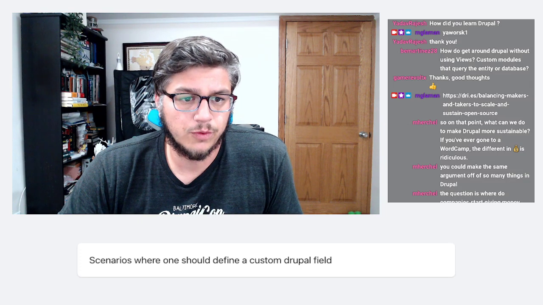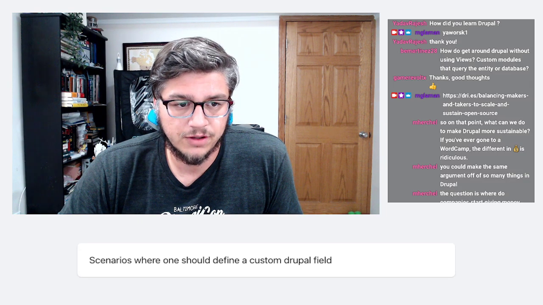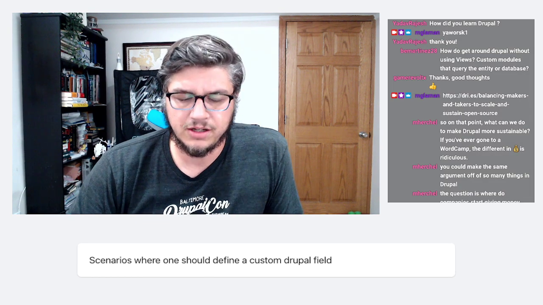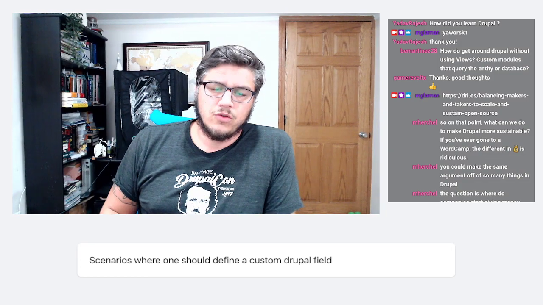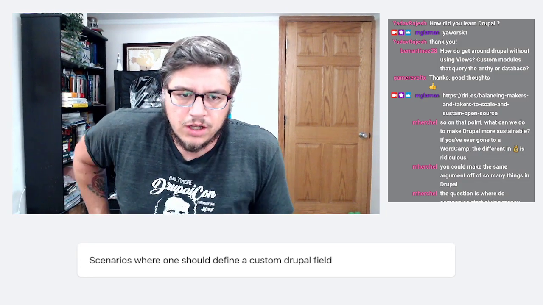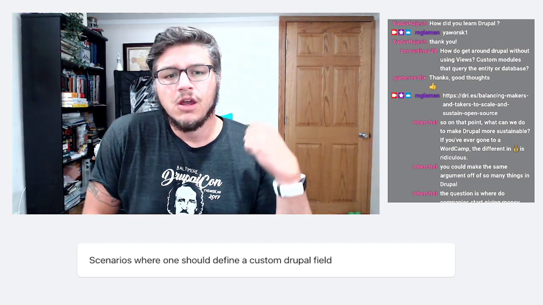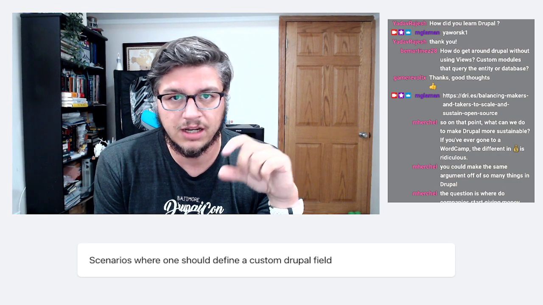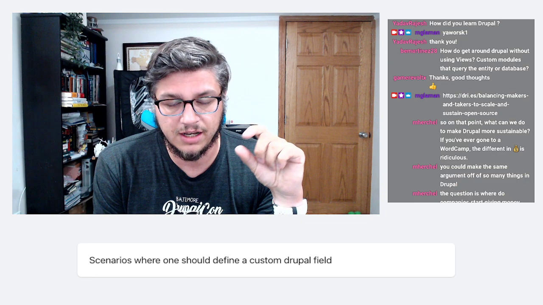Scenarios where one should define a custom Drupal field: when you have unique data or data that's dependent on each other. On one project, it could have been two different text fields, but the second text field was dependent on the data in the first one, and it's on an entity as well.